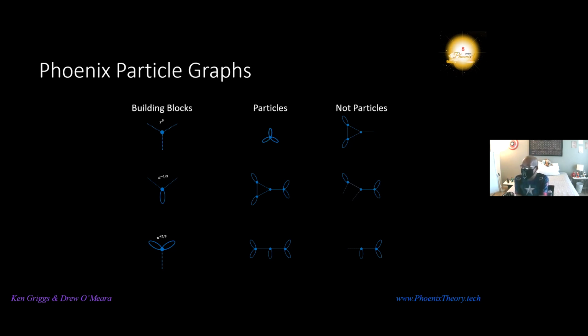But if one is looking at what's not a particle, we have that on the right-hand side. What we're trying to show is that a particle must always have vertices that are all connected in the way that you see in the middle. That is, every vertex is directly connected to other vertices in 3 different ways. And that constitutes a real measurable particle.